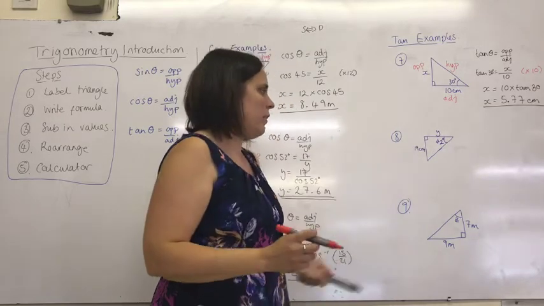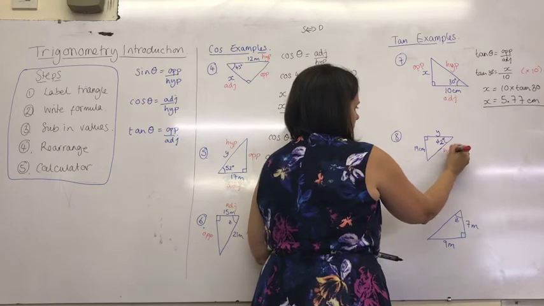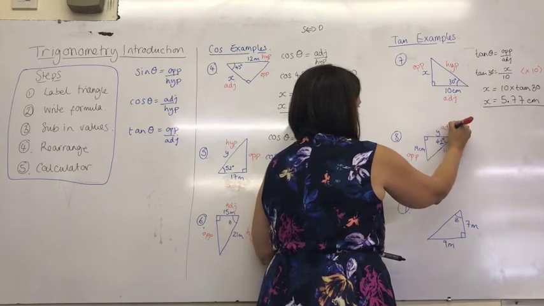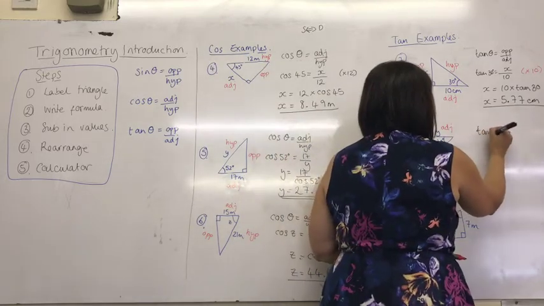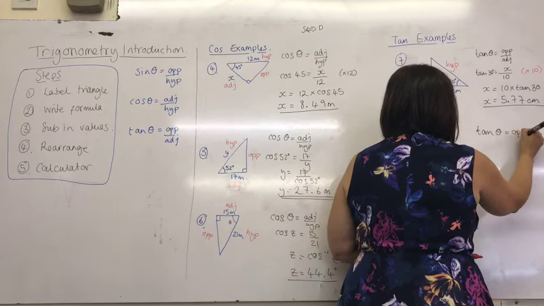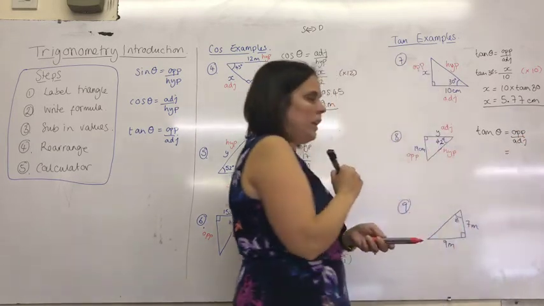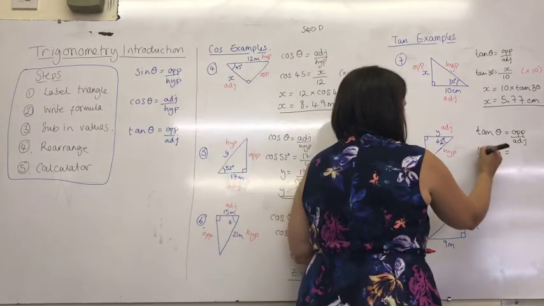Right, number 8. Labelling up again, there's your hypotenuse, that side is the opposite, and this is the adjacent. Okay, write your formula. Okay, so now fill in the information that we know.